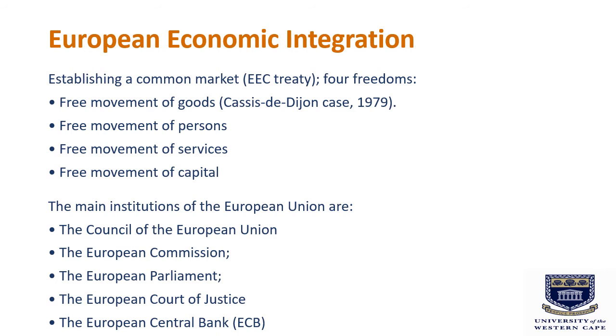They also have lots of types of institutions. They have a Council of the European Union, they have a Commission, a Parliament, a Court of Justice, and a central bank. So this is the highest level that can be achieved if we ignore the idea of giving up sovereignty or of becoming a political union.